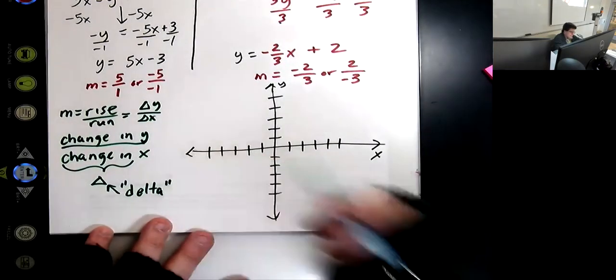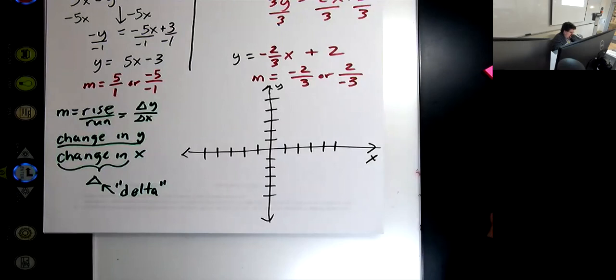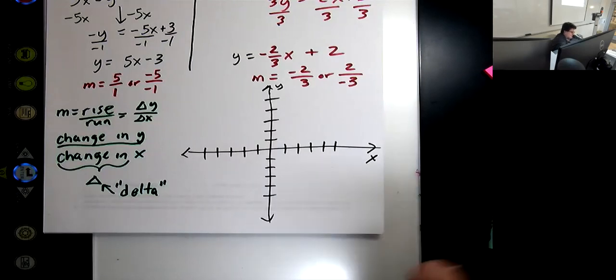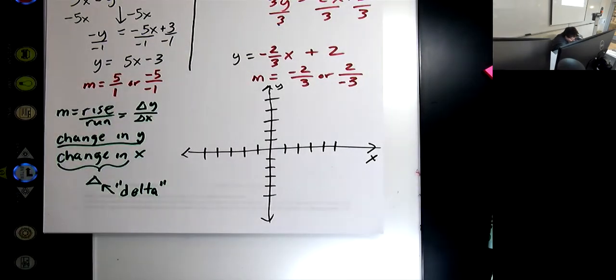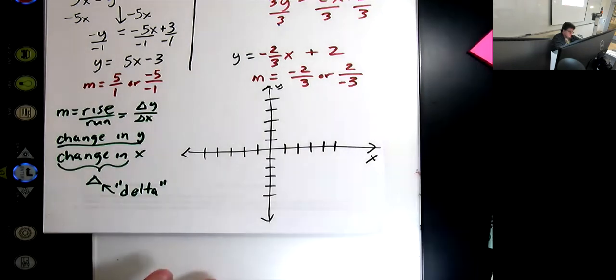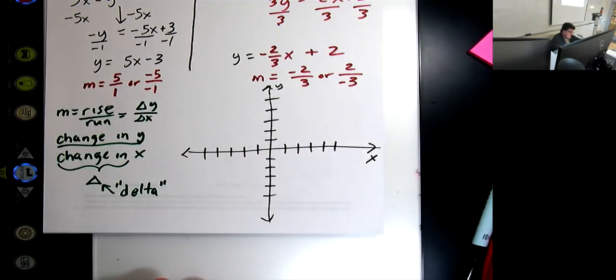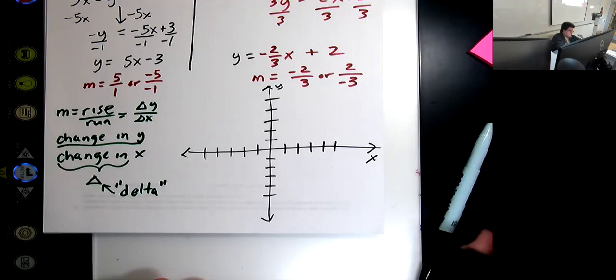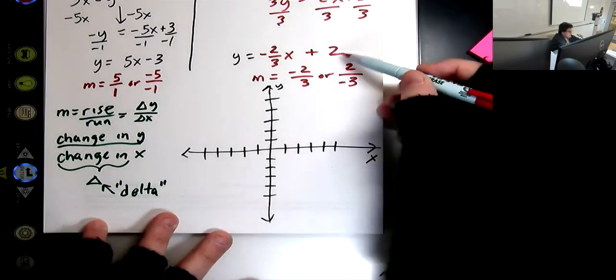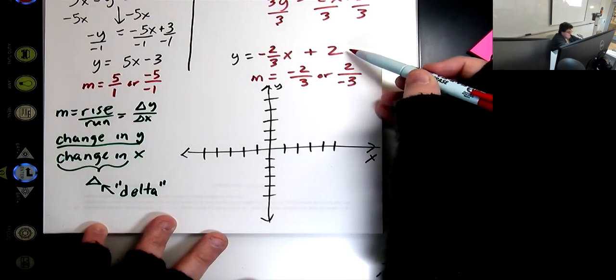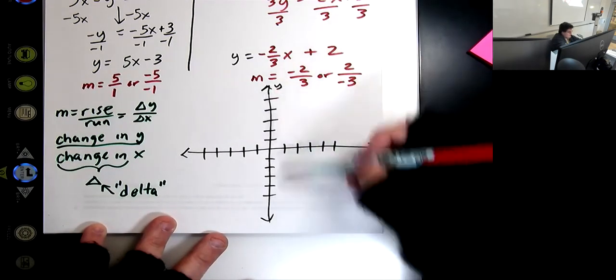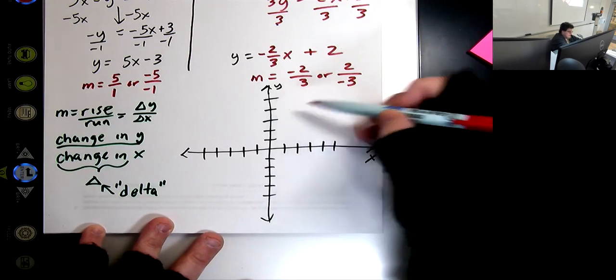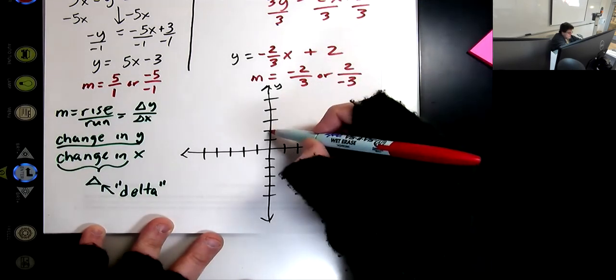We're going to plot both of these lines. The way we go about doing it is we take the number that's at the end, that's our y-intercept, that tells us where along the y-axis this line crosses. So the 2 tells me we cross at 0, 2.